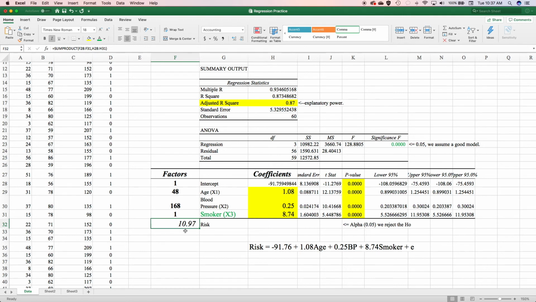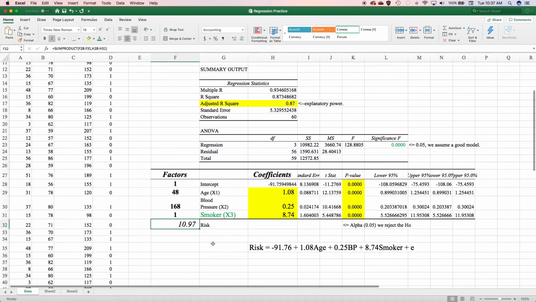So if we have an 11 and the person stops smoking, you can clearly see that their risk factors drop by 8.74 points. So the number one thing you would want to do is tell them to stop smoking. Okay? All right. Now, let's go back over that one more time, right? And see if we can pull out any other information.